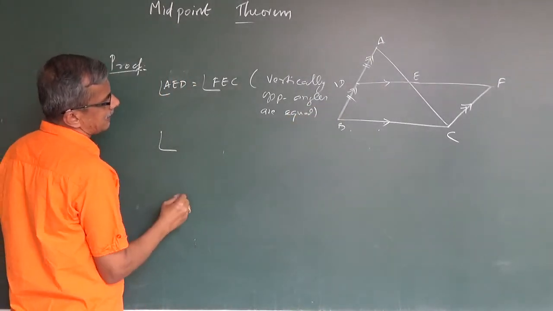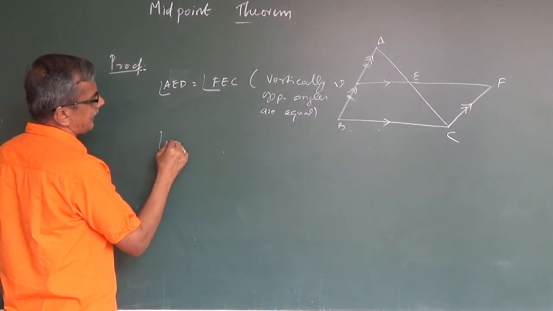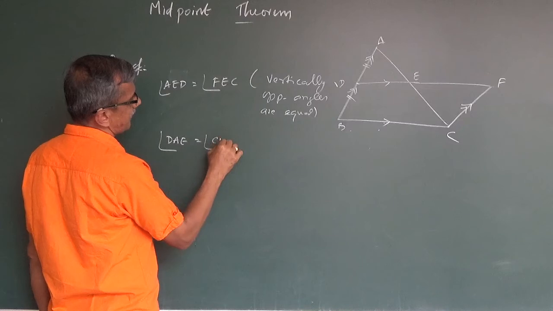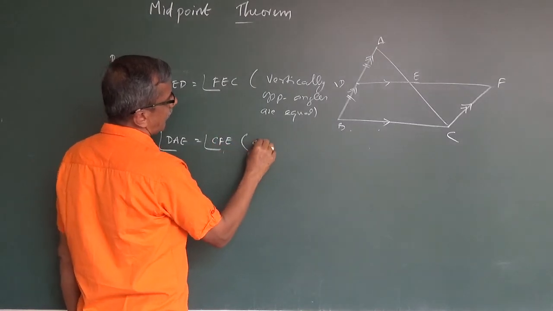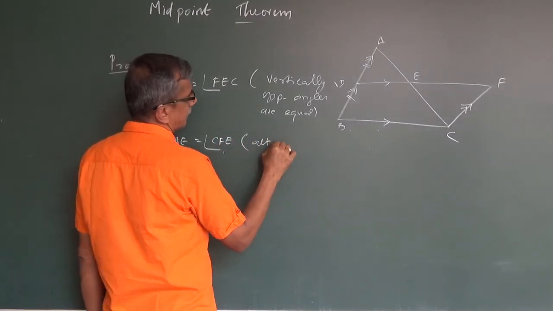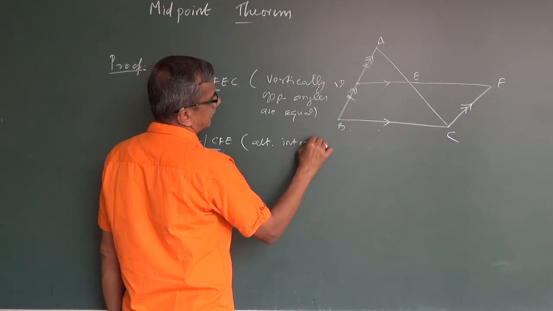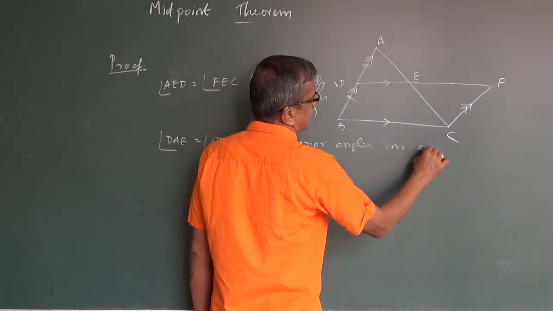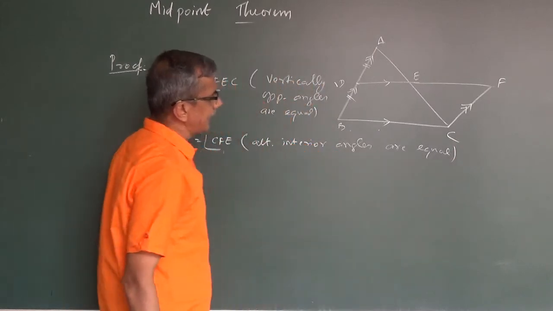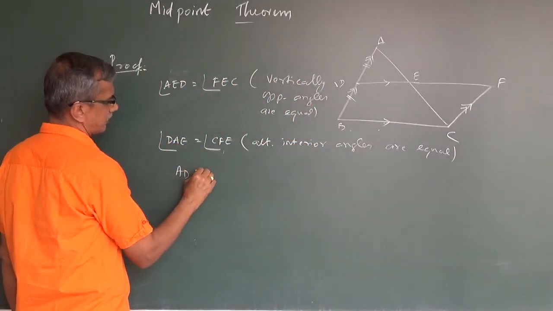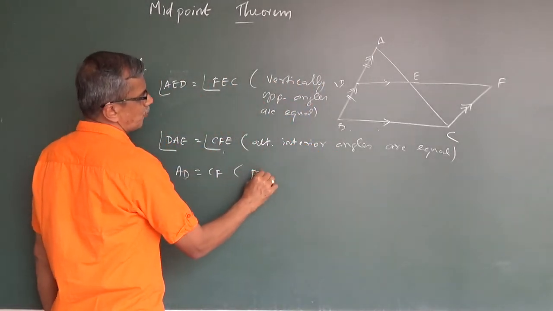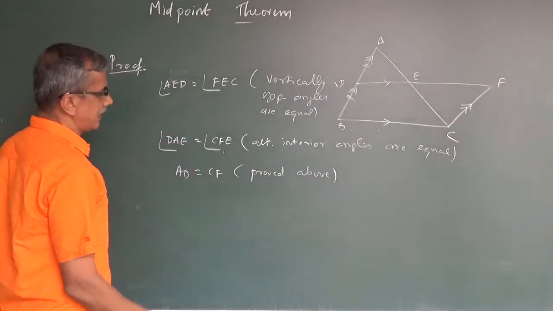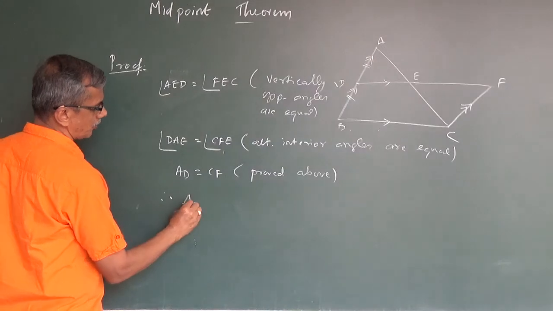And then angle DAE is equal to angle CFE, alternate interior angles are equal. And AD is equal to CF, proved above. Therefore, the two triangles become congruent.